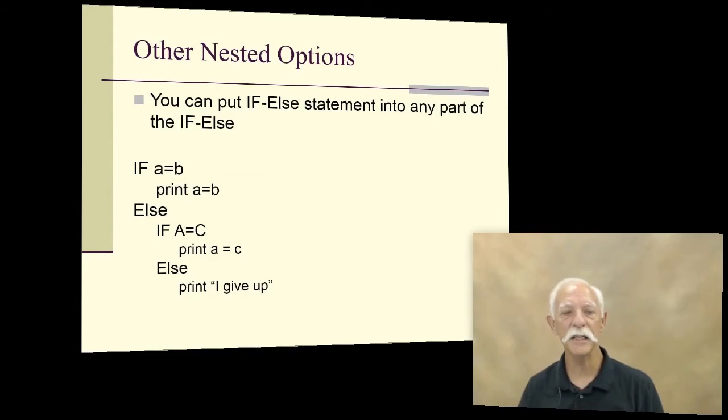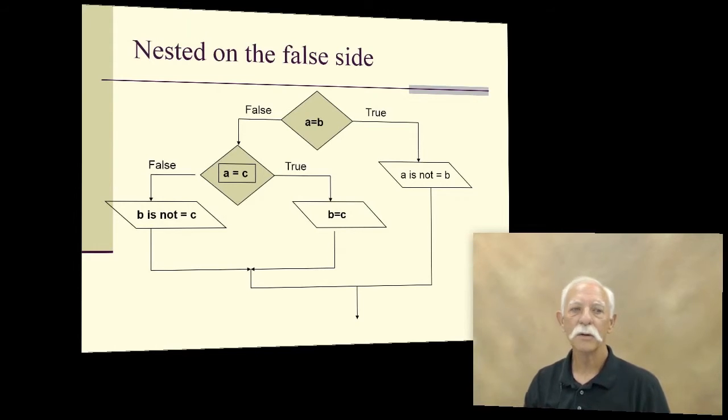We keep on nesting these together until such time as the computer is actually making multiple decisions in pieces. So here's an example of what it looks like nested on the other side, on the false side. If A is not equal to B, now we can go over and say, okay, well, if that's false, is this true? If this statement isn't true, print this, and we go on with our regular programming.